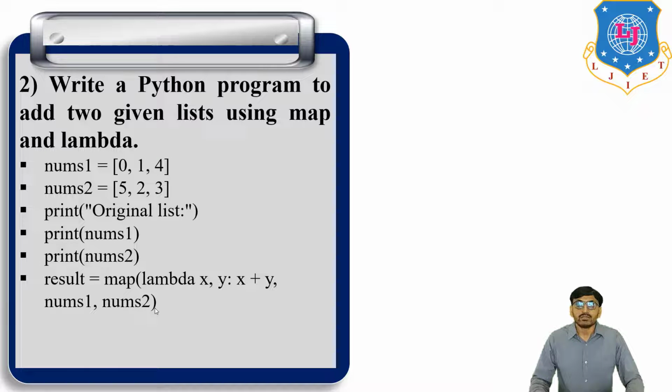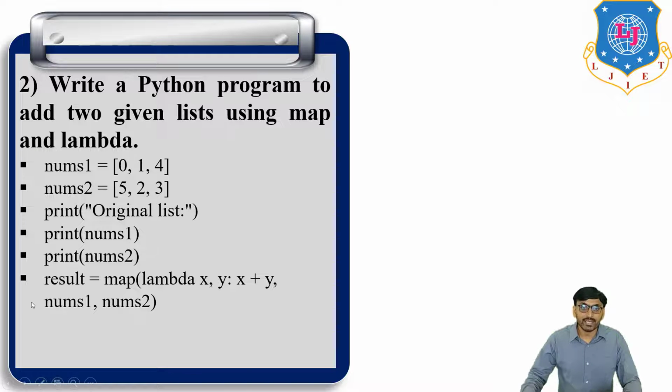Okay, so the map function is used for modification of every element of a list, and it is also used to add or multiply corresponding elements of two lists.